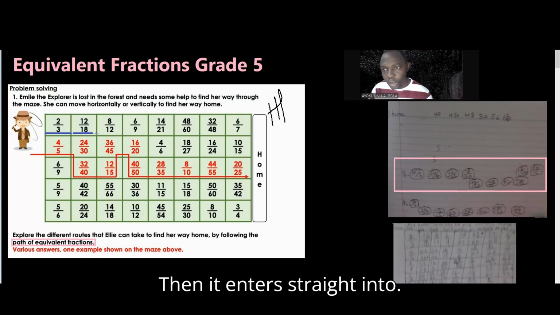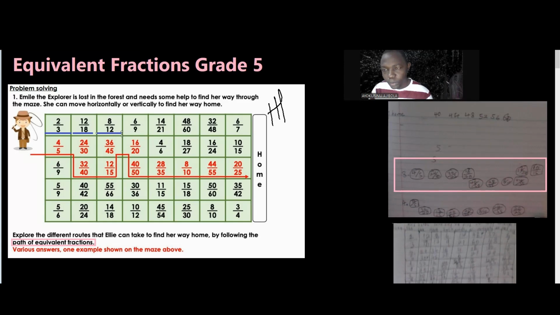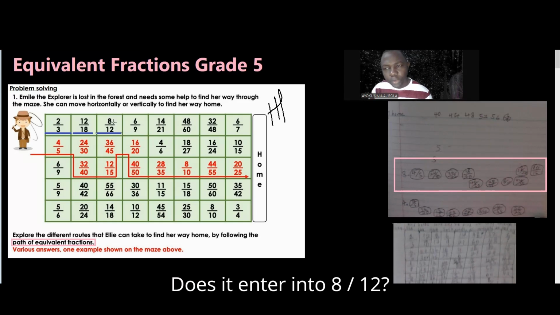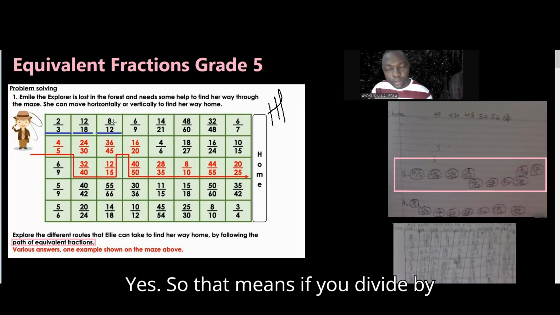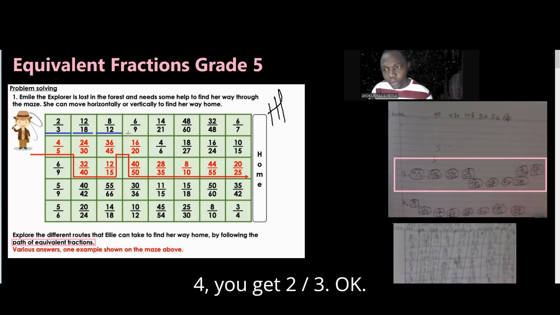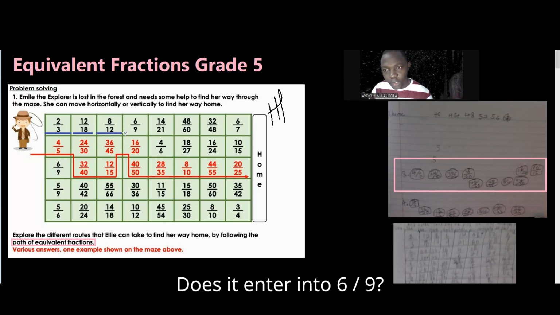Yeah. Then does it enter into 8 over 12? Yes. So that means if you divide by 4, you get 2 over 3. Okay, does it enter into 6 over 9?